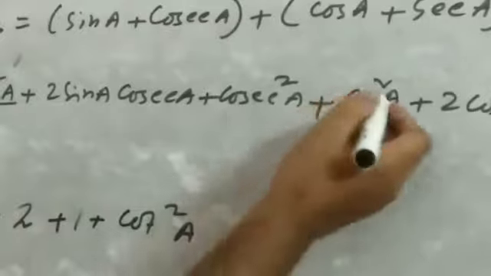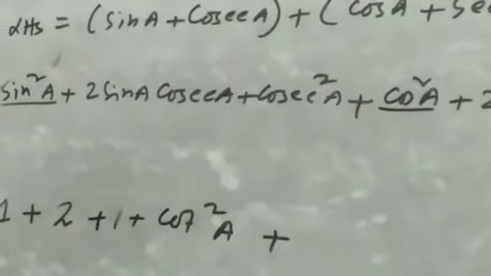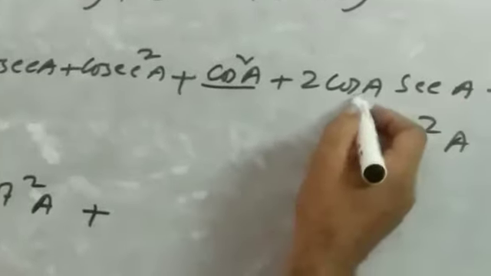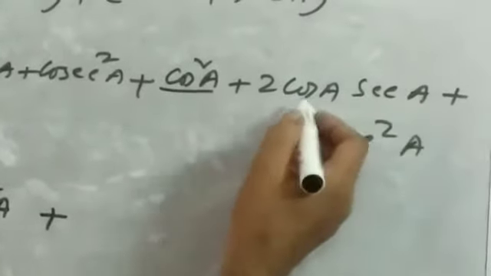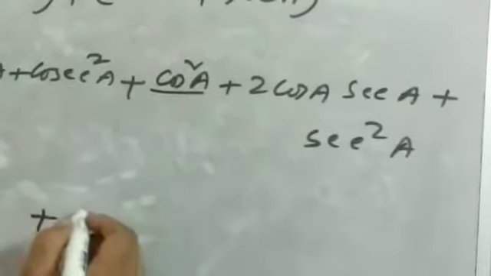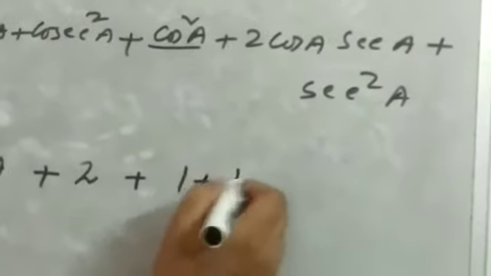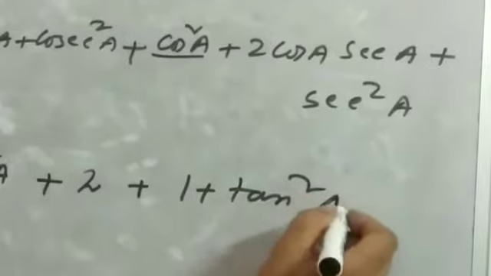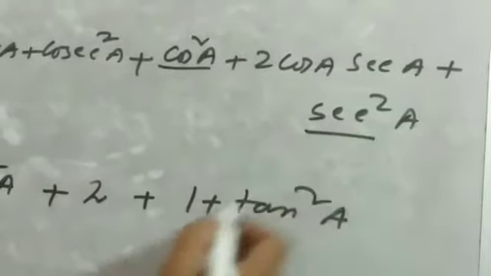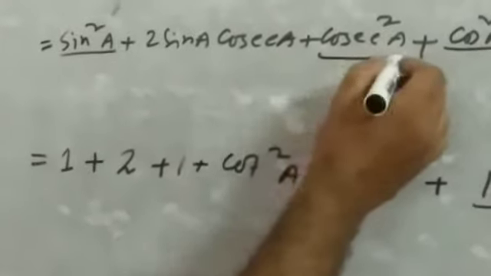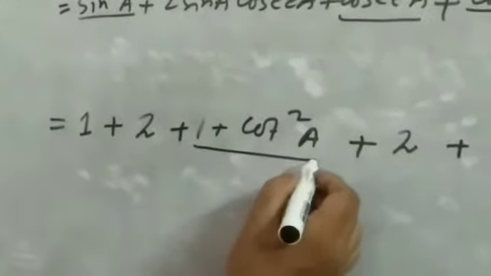Okay, so this term gave sin square plus cos square. Now 2 into cos A sec A. Cos and sec are opposite ratios, the product is 1, and 1 into 2 is 2, plus sec square we can write as 1 plus tan square. So this term we have written 1 plus tan square, and cosec square A we have written 1 plus cot square.